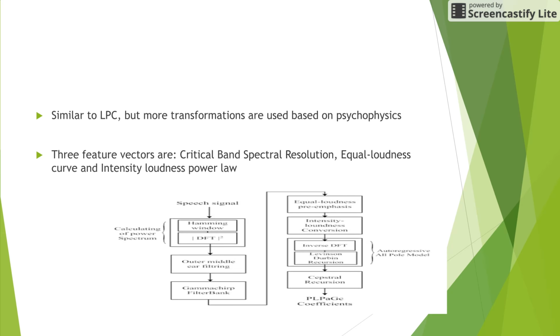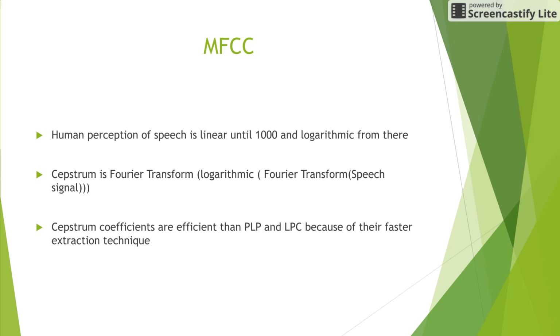So now moving on to what my algorithm does, that's MFCC, that is the mel-filtered cepstrum. So human perception of speech is linear until 1000, as you already know, and logarithmic from there, because until 1,000 the perception of speech is not very variable in a linear phase.